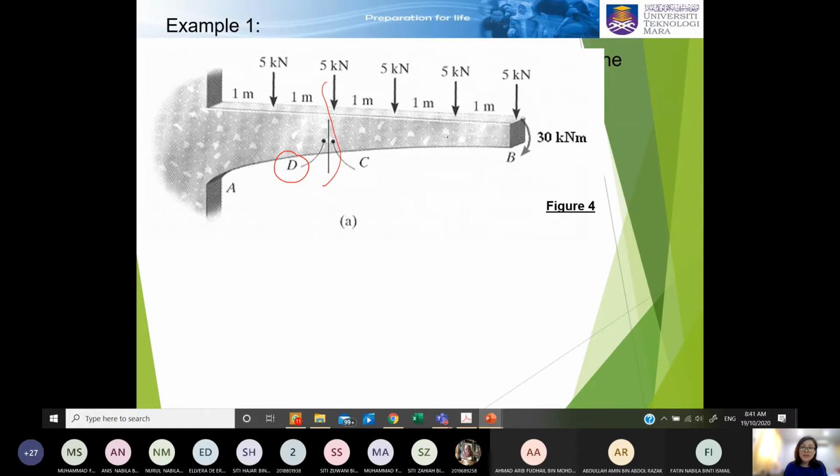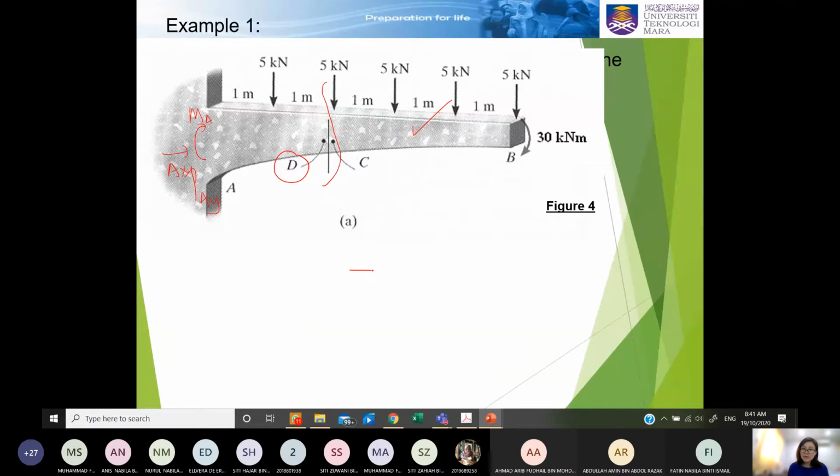Similarly, analyzing this section would be easier because you don't need to determine the AX, AY, and the support reaction at A. Maybe a bit slow in this first example.